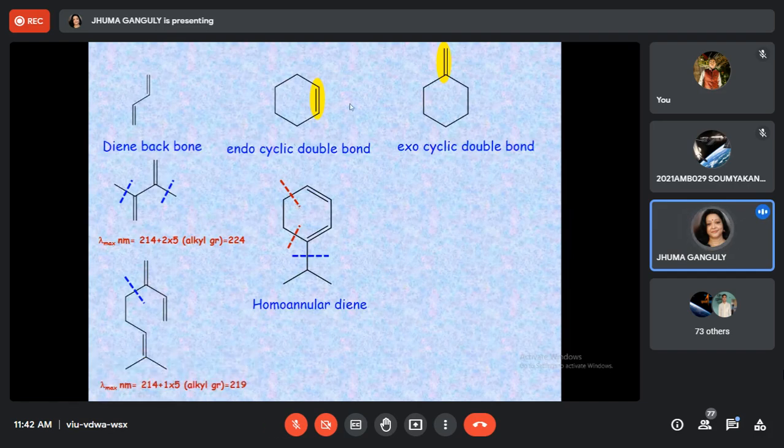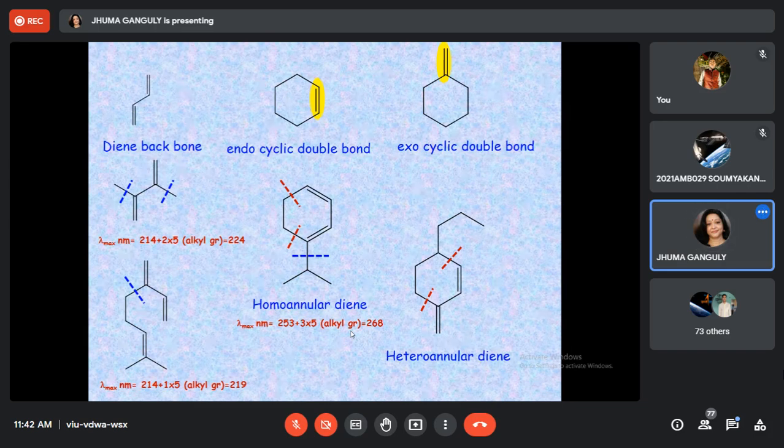This system has two ring residues, but this one is a simple alkyl group. Their contribution is the same but the nature is different. So 253 is the base value for homoannular diene, and 3 into 5, one for the alkyl group and another 2 for ring residue, I'm showing just the same value, that's why 268.